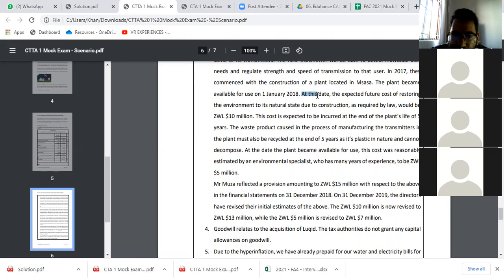The plant became available for use on 1 January. The waste product caused in the process of manufacturing the transmitter plant must also be recycled at the end of 5 years. At the date the plant became available for use, the cost was reasonably estimated to be 5 million. Mr. Mafuza reflected a provision of 15 million with respect to the, okay.